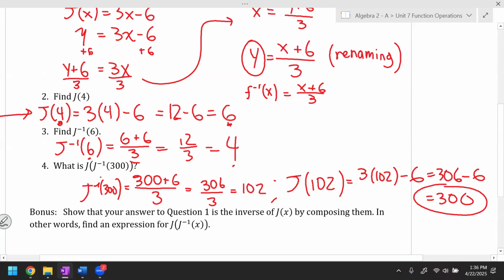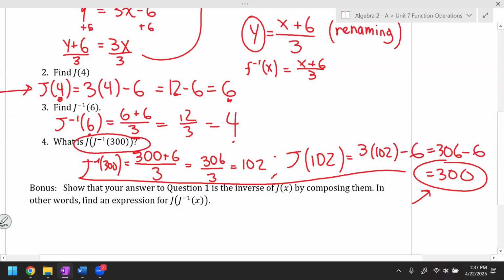I didn't need to do any of that stuff because j inverse and j just do the opposite of each other, right? So if j inverse turns 300 into something, then j is going to just reverse the process and turn it back into 300, right? So all of this working out here, it's all well and good. No big deal that I did that extra work, but logically, I should just get 300. I didn't really need to do that.